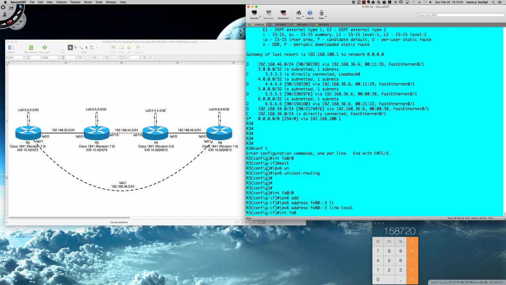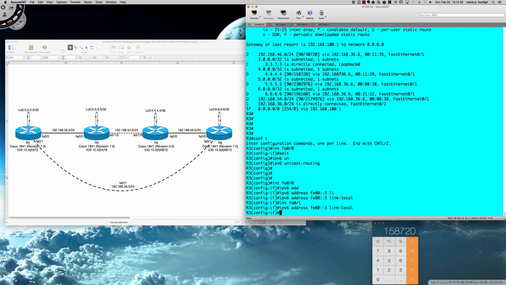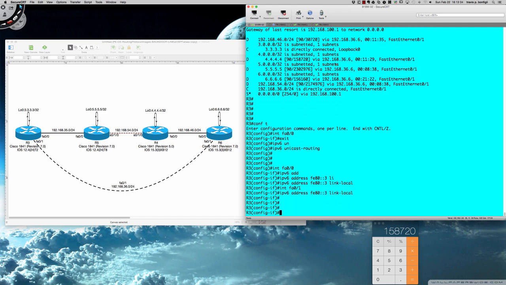Then we're going to go into FA01, and we're going to do the same thing. We're going to say IPv6 address FE80::3 for the link local. And let me put some full-blown IPv6 addresses on here.